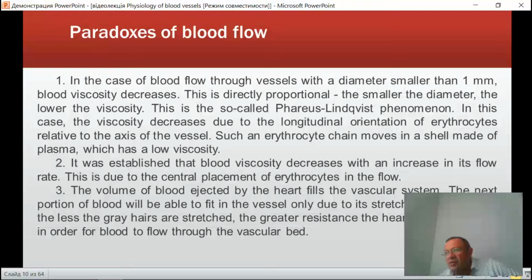This is the so-called Fahraeus-Lindqvist phenomenon. In this case, the viscosity decreases due to the longitudinal orientation of erythrocytes relative to the axis of the vessel. Such an erythrocyte chain moves in a shell made of plasma, which has a low viscosity.